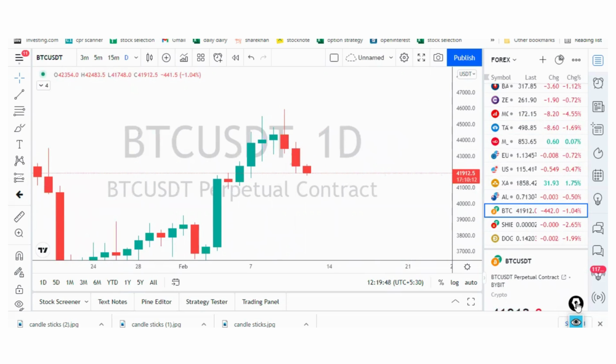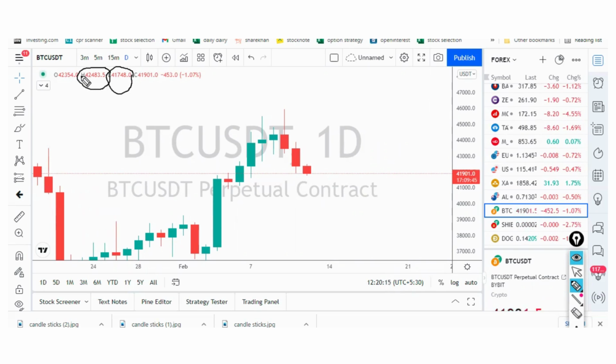So this is just for study purposes. The high of this candle is 42,483, and the low made today is 41,748.